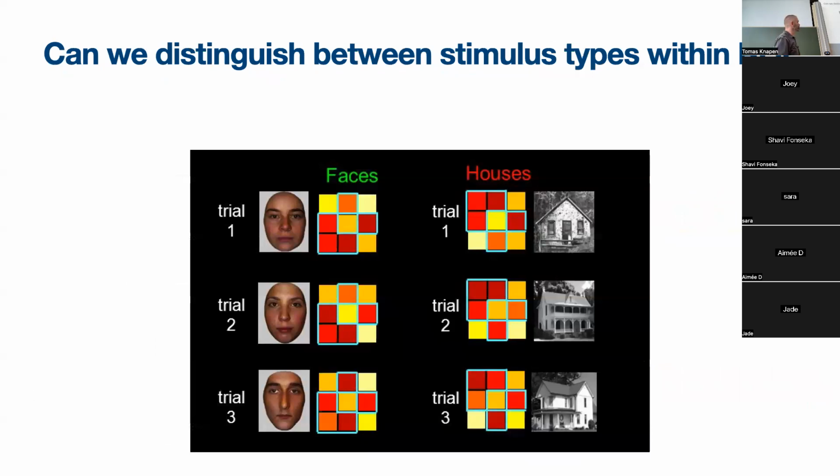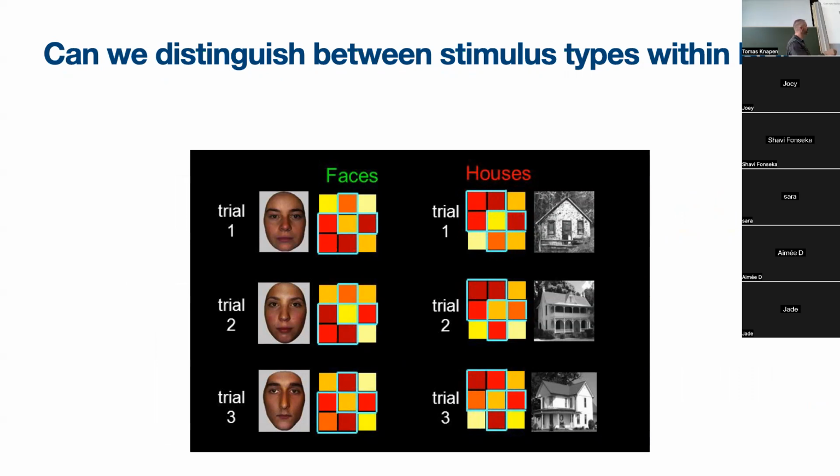So specifically, what you could do, and what has been done, and what's the most standard way of doing this, or what we started out with doing, is to say, okay, I'm going to show a bunch of faces and a bunch of houses. Look at these 9 voxels, which is a small region of interest. And then say, okay, what pattern of activation do the faces have in common?